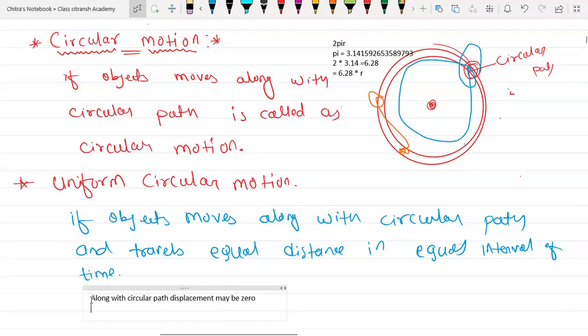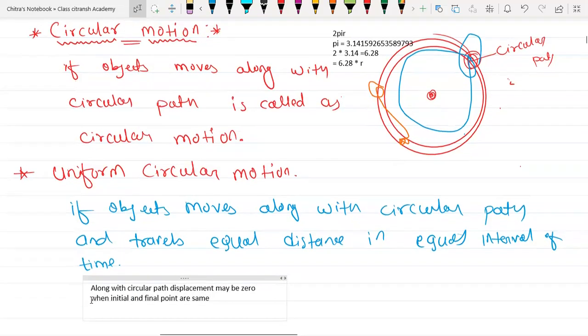What is the condition for that? When the initial and final points are the same. Understood? Yes, sir. Good. So take a screenshot then.